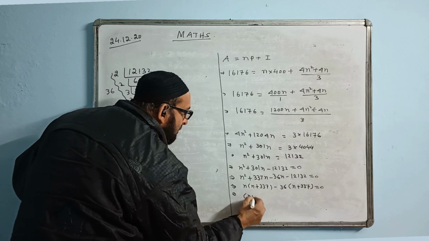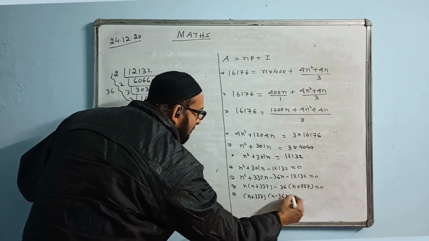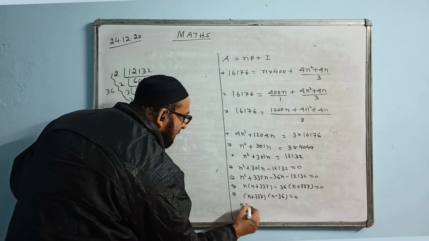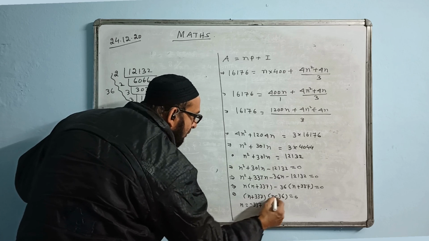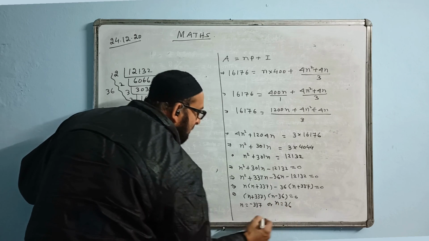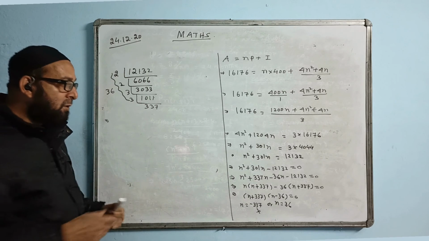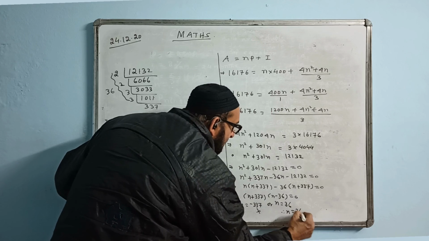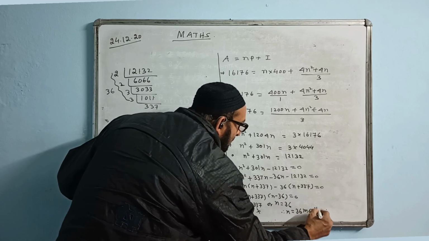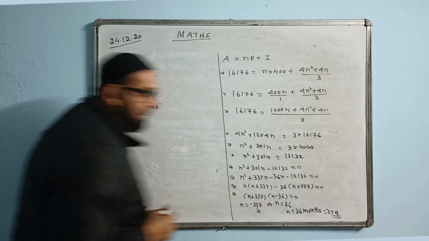Now I write n plus 337 into n minus 36 equal to 0. Two answers: either n will be minus 337 by shifting this to the other side, or n value will be 36. The negative answer is not possible, time cannot be negative. What is the possible answer? 36. Therefore, we write n is equal to 36 months, or equal to 3 years. 3 years is the answer.